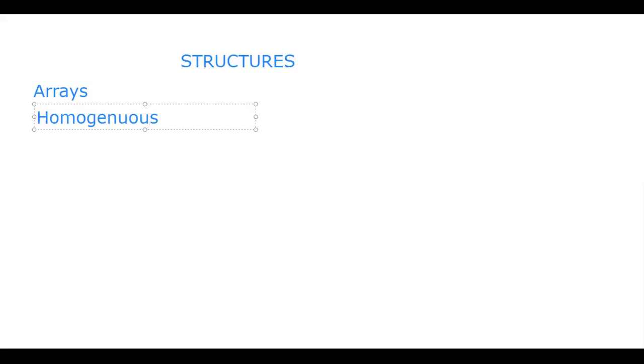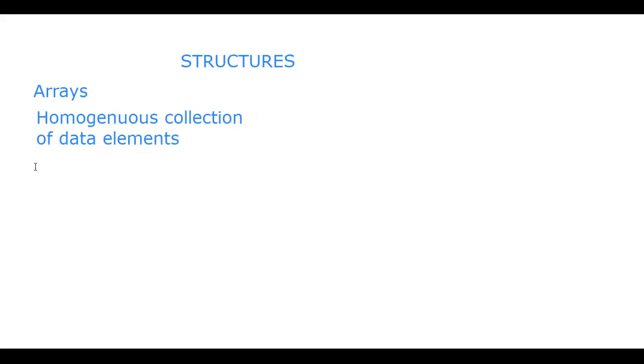Homogeneous collection of data elements, right? Now, what is the meaning of homogeneous? Homogeneous means all the elements of the array are of the same data type.